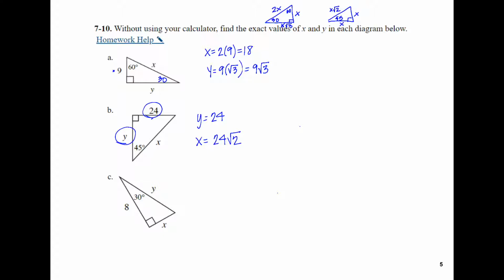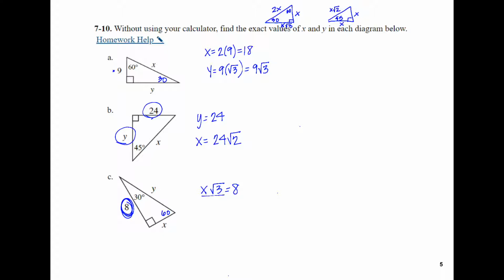When we look at letter C, we have a 30, 60, 90 triangle. So 30 is across from our x, and we know that our base, or what's across from our 60, is equal to x root 3. So we can set 8 equal to that, and then we can solve.